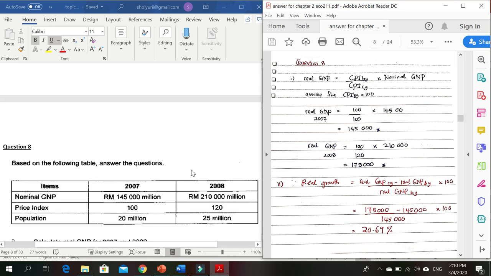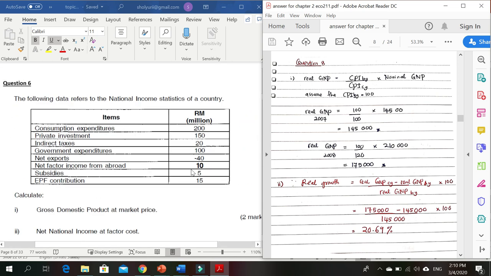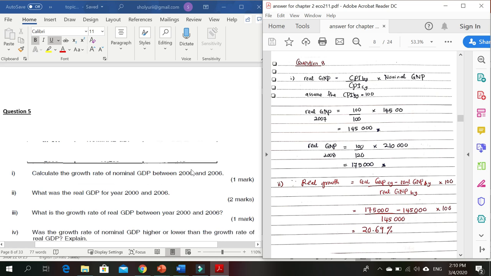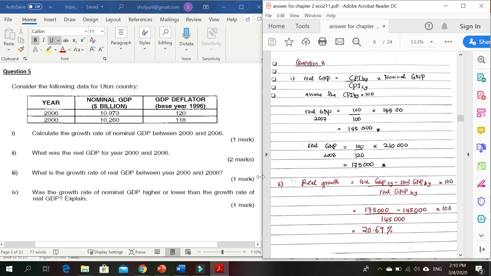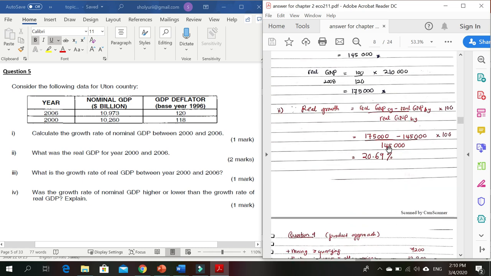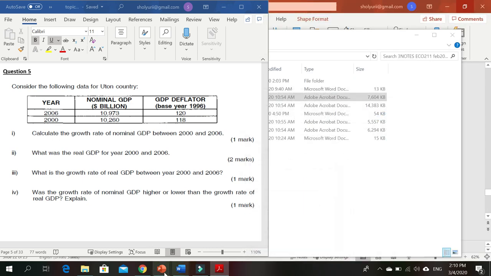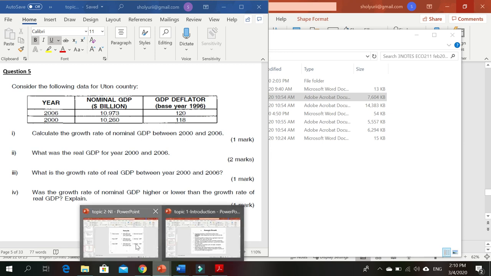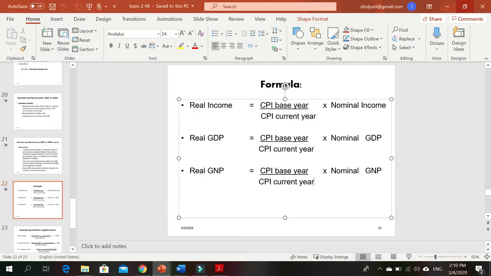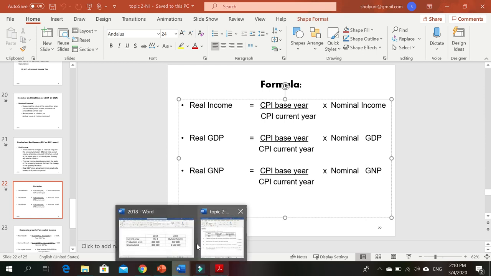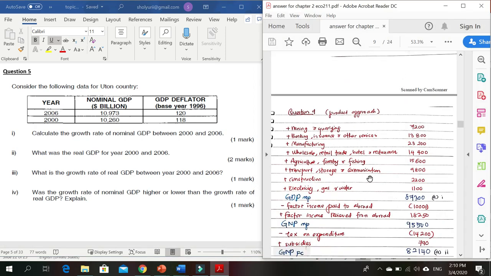Okay, so we have another question, which is question 5. Ignore question 1, let's go for question 2. What was the real GDP? They want real GDP now, not real income. So for real GDP, our formula will be CPI base year over CPI current year times nominal GDP.